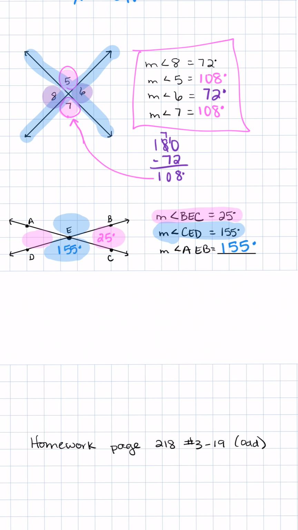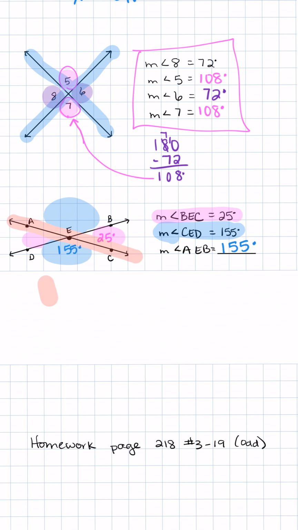So if you're looking at the congruent or vertical angles, we know that if this one's 155, then this one is the same. So therefore it's 155. But if you wanted to, you could say, okay, I know that this is a straight line, which equals 180.